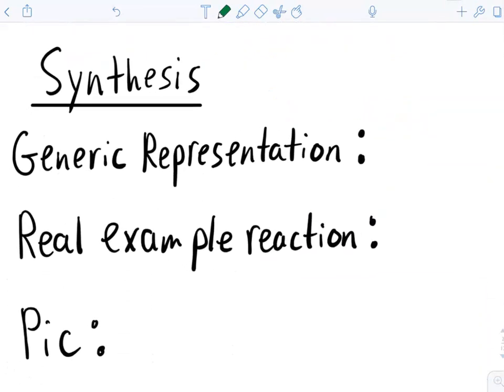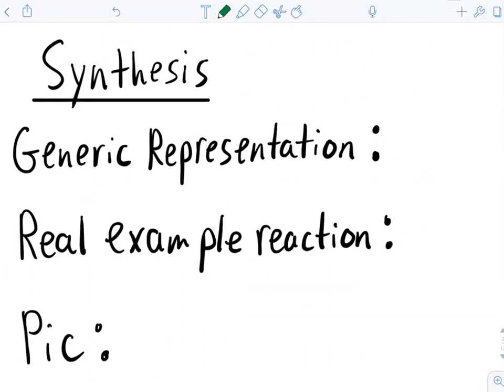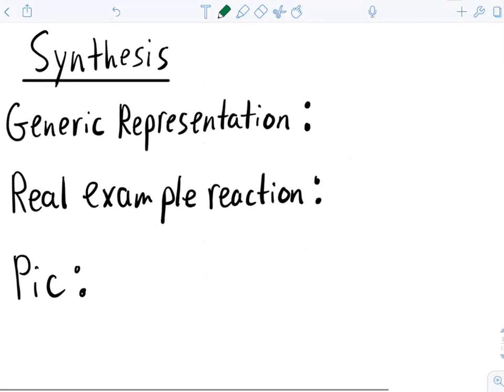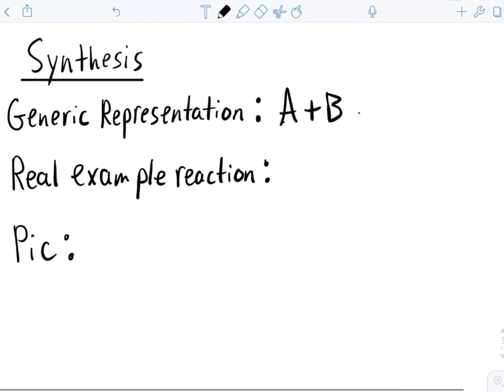So we're going to go through those different types of reactions. The first type is going to be a synthesis reaction. Now, whenever you hear the word synthesis, you may be thinking of putting things together, and that's exactly what happens in a synthesis reaction. So a generic representation of a synthesis reaction is that you have A plus B yields AB.